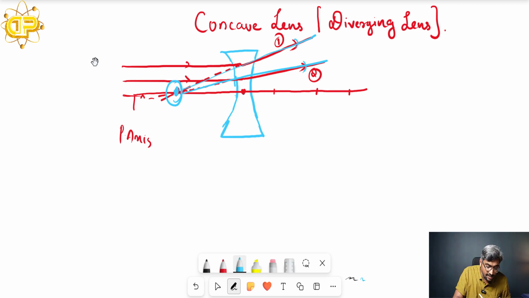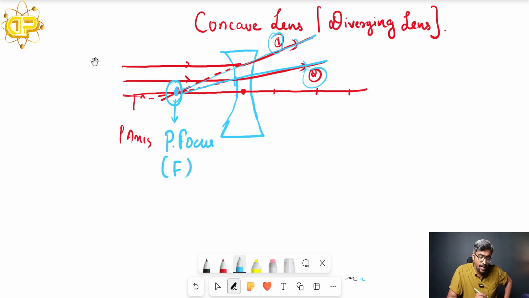So what do we call this particular point? The principal focus. And it is denoted by capital F. The distance from the optical center to this principal focus is known as what? Focal length, denoted by small letter f.